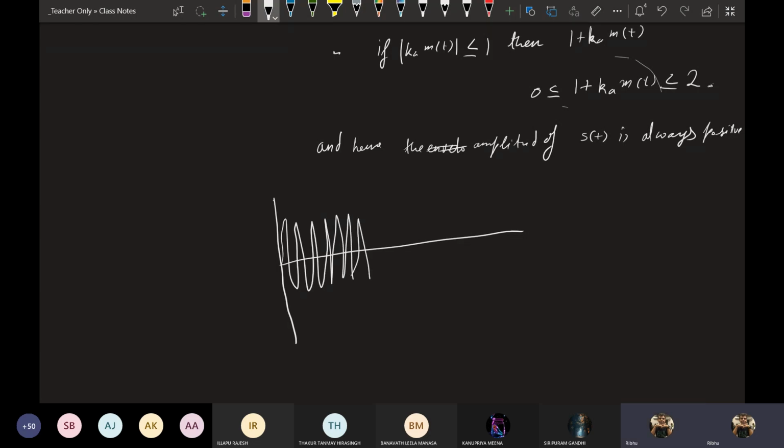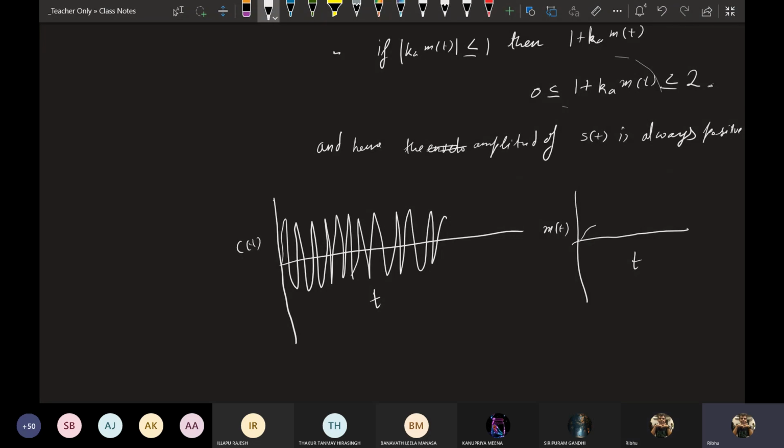So this is a quick sketch. Suppose this is t, this is c(t), and this is m(t). Say this looks like a sinusoid, but it can be anything. So 1 plus k m(t).